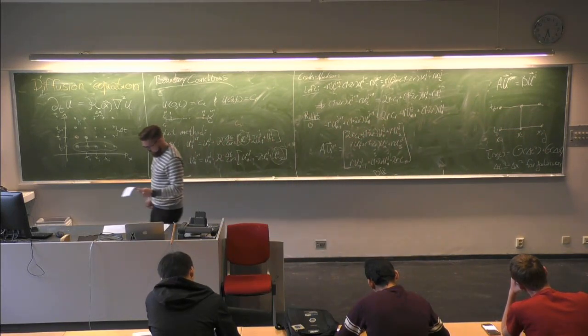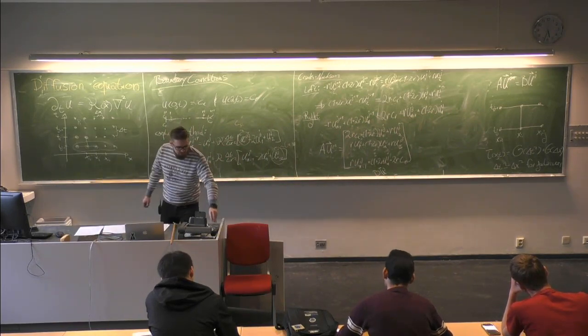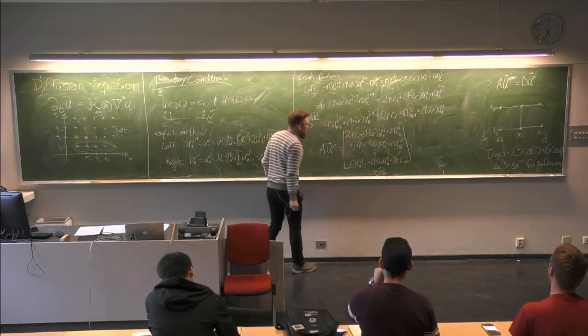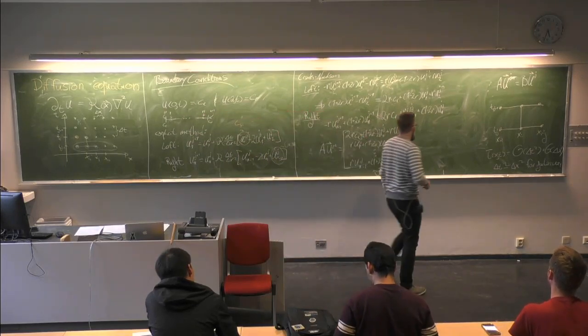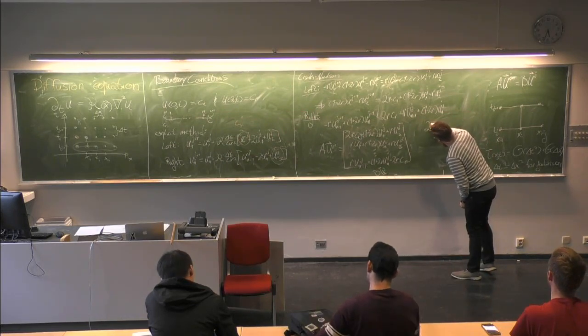Back to what I was trying to say. If this boundary condition here is time dependent, you have to make sure that you have the value at both time steps.